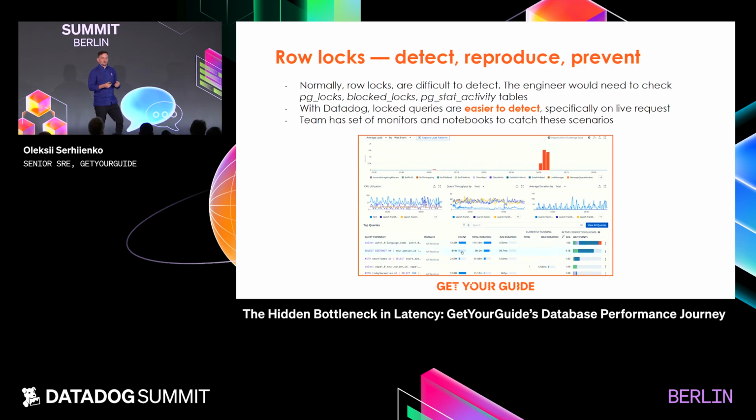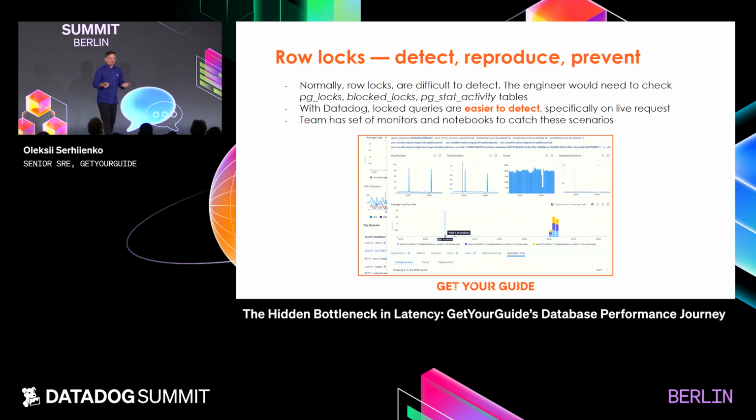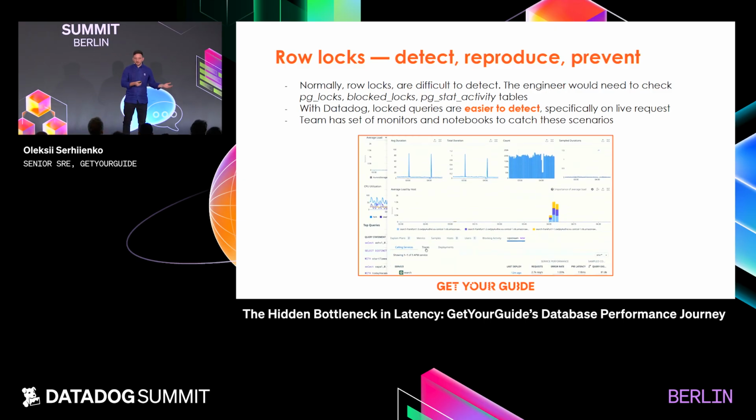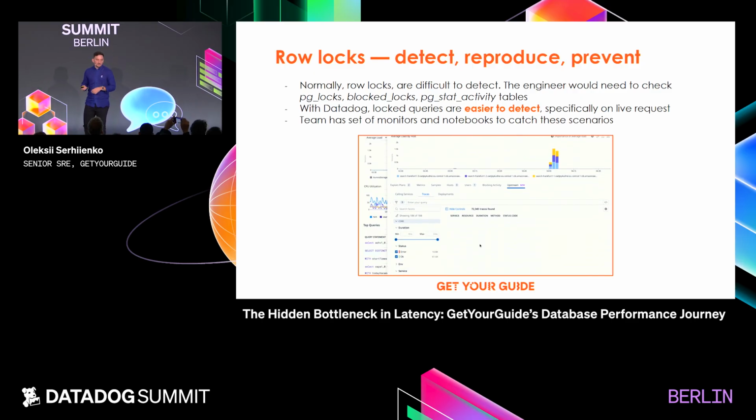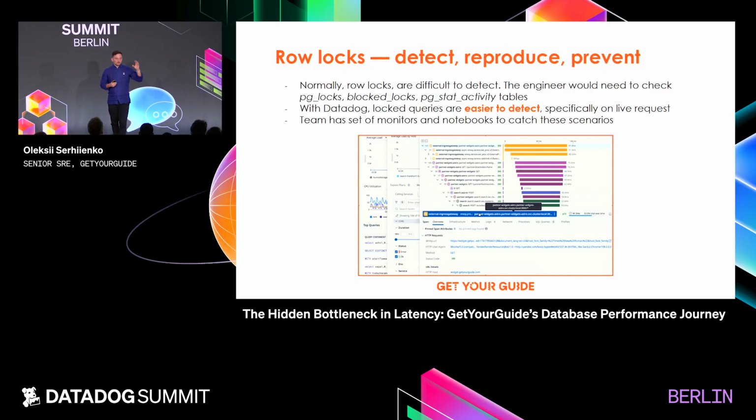You can find that, oh, this row is blocked by this process. But you will just get a process ID. You will not understand what request blocked what other request, or which requests are heavy with this locking. Like, you cannot see much. With Datadog, it provides you this end-to-end visibility from the trace directly to the locked query.